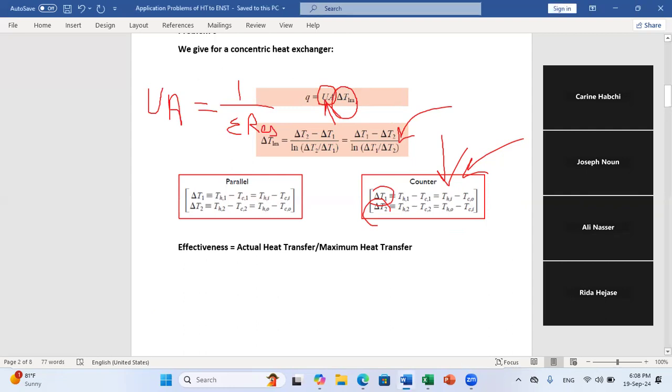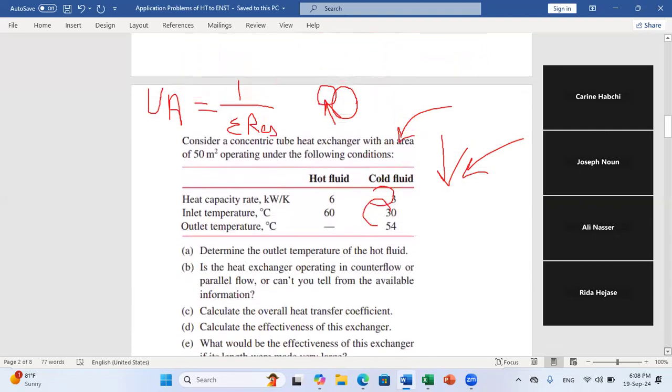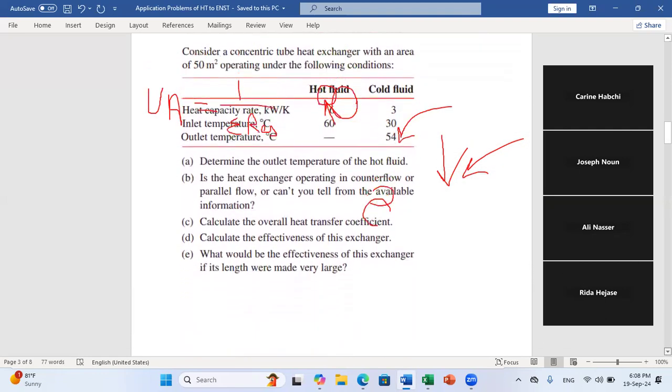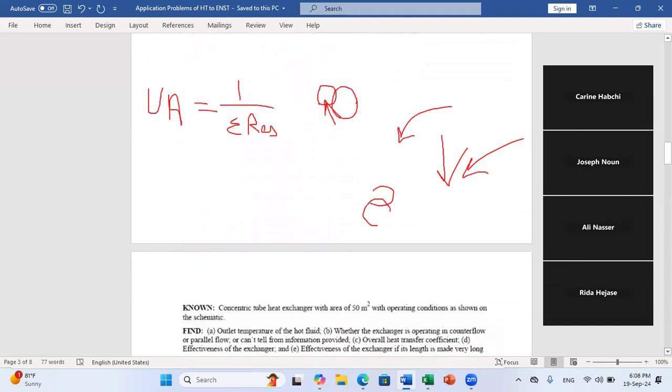So if we go back to this problem, if they didn't give us U and we want to use another formula for Q, we know that Q can be calculated in several ways.